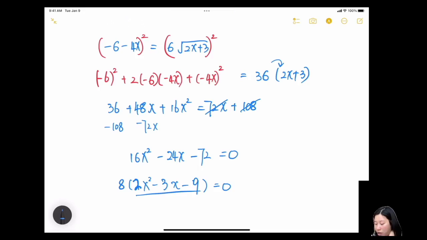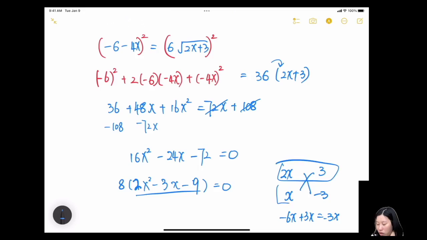So I have 2x, x, and then 3, negative 3, because 3 times negative 3 equals to negative 9. So I have negative 6x plus 3x equals to negative 3x. Okay, so that's what we want.